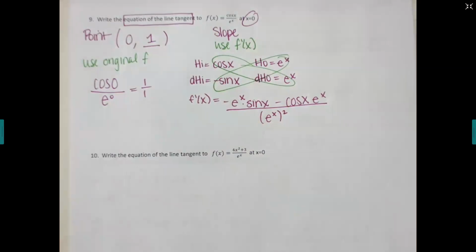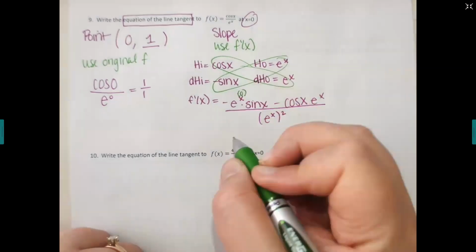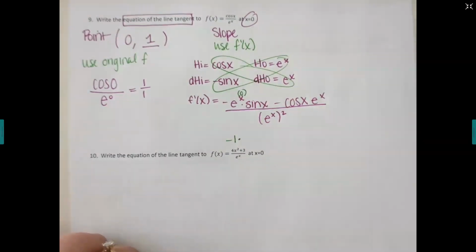All right, now let's plug in our number. This is the slope at any x that I want, but I want the slope at my x, which is what? 0. So let's plug in as we go. This is going to be negative e to the 0, which is going to end up being 1, times, what is the sine of 0?